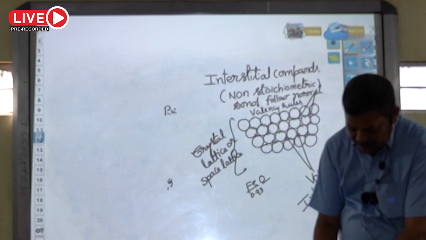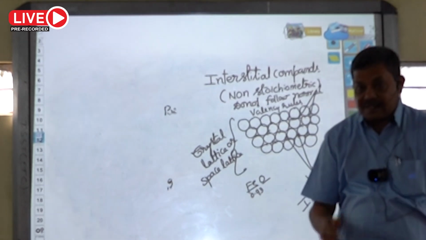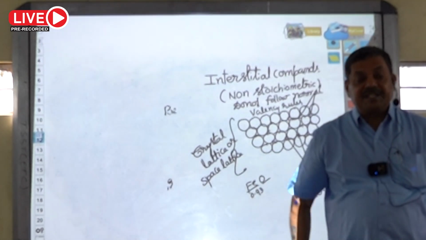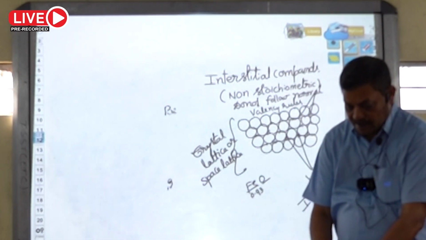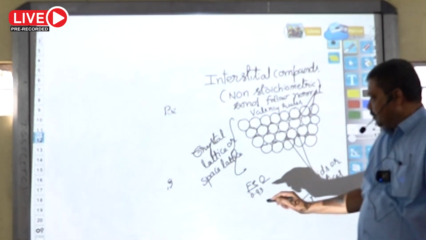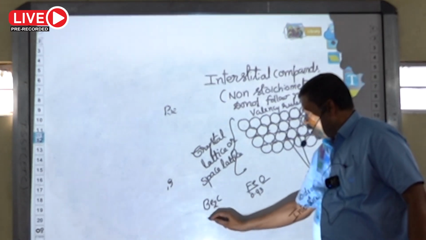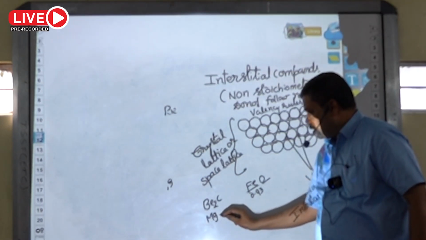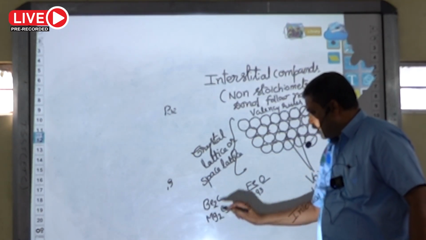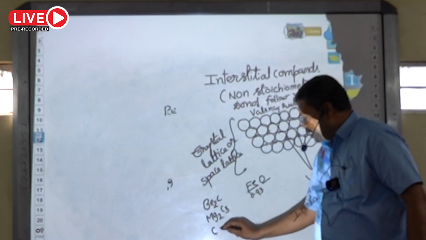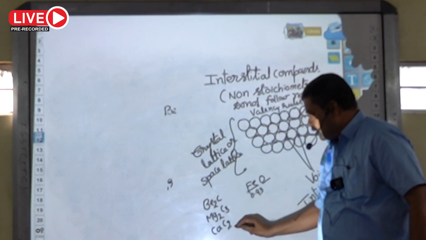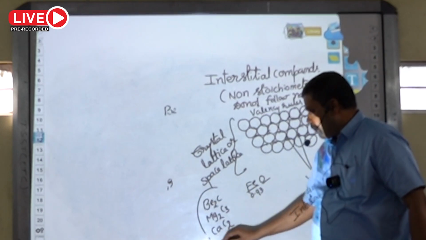Be2C. After beryllium, what is the next element in the same group? Magnesium. Magnesium carbide formula, this is Be2C, the next element formula, Mg2C3. Next, calcium carbide formula, CaC2.